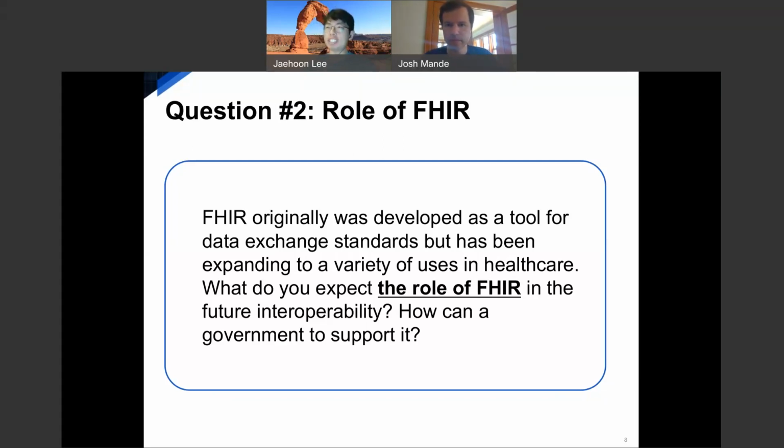Okay, you mentioned a really good point at the beginning of your answer. The Korean government is thinking about and considering building something like Korean core profiles or an implementation guide, something like the US Core implementation guide. We don't have something like that, but we are also thinking about to what extent it would be a government's role.